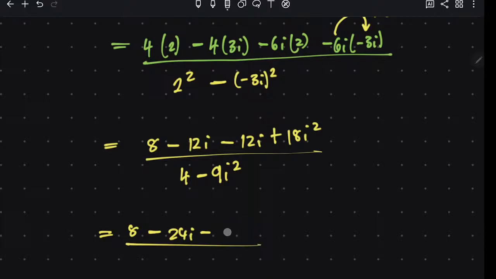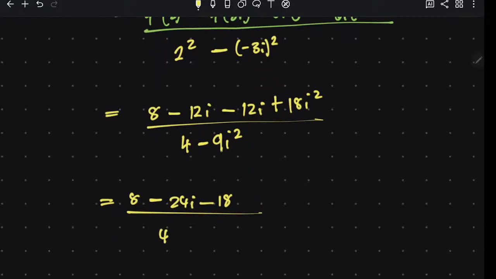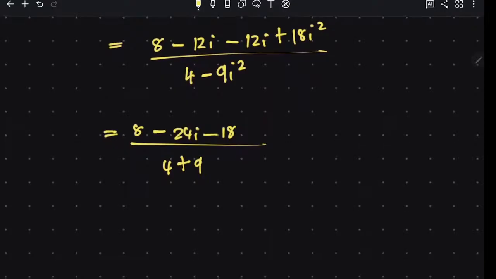So you can just write it as negative 18. 4 minus 9i squared becomes 4 plus 9, because this negative will become a negative 1 and come in front and change the sign. So here it becomes 8 minus 18, that's negative 10, and negative 24i.